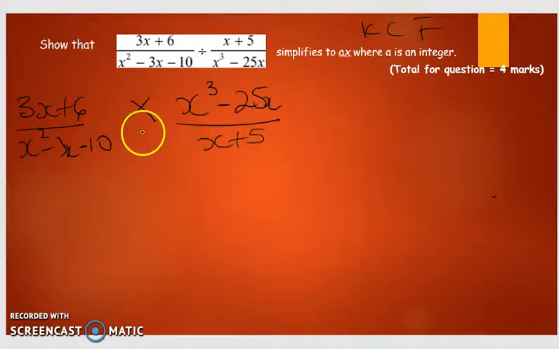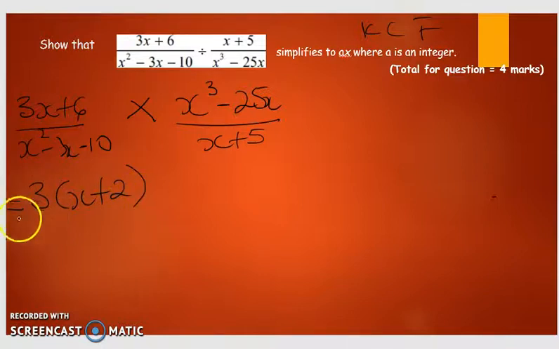Next, we want to now concentrate on factorizing each individual term. So the numerator there would simplify to 3 times x plus 2. Our denominators, now referring to the previous slides, we want to find two numbers that would multiply to give us negative 10, but then add to give us negative 3.